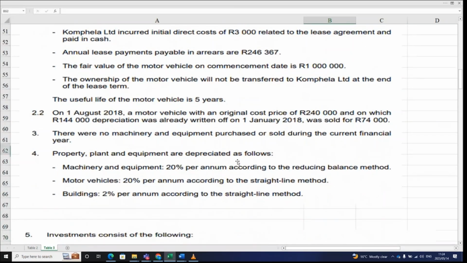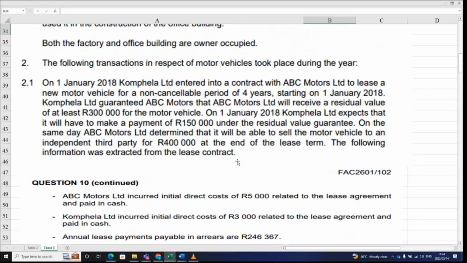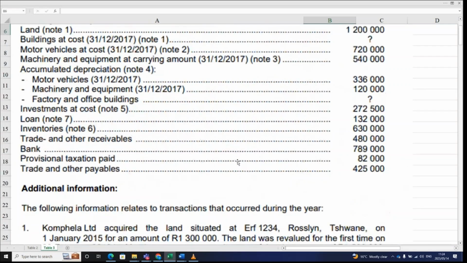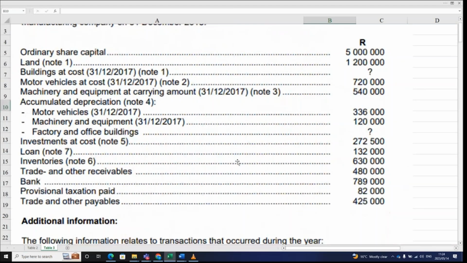They say that this equipment depreciates at 20% per annum according to the reducing balance method. They give us the machinery carrying amount at 540,000.